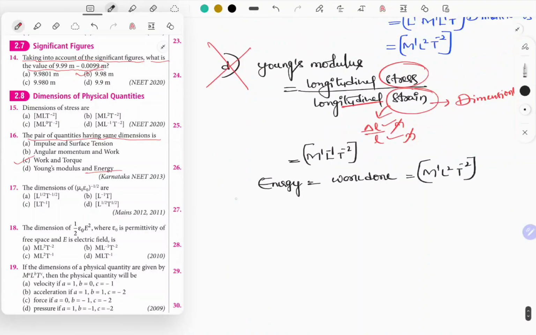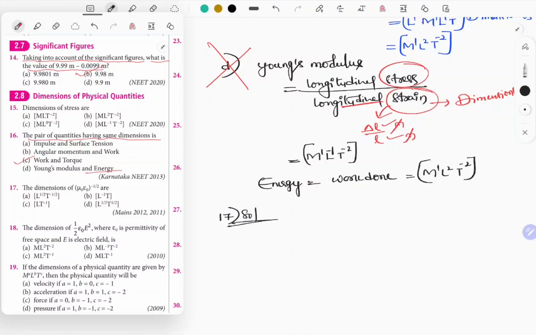The question is question number 17. What are they asking? They are asking the dimensions of mu naught into epsilon naught, whole power minus 1 by 2. Immediately on seeing this question, if any of you are preparing for 11th, it is somewhat difficult to answer.